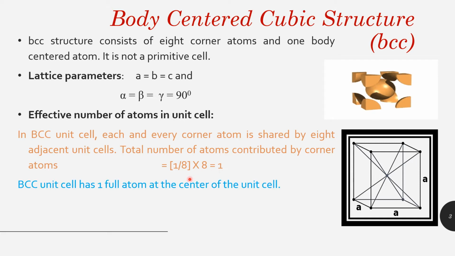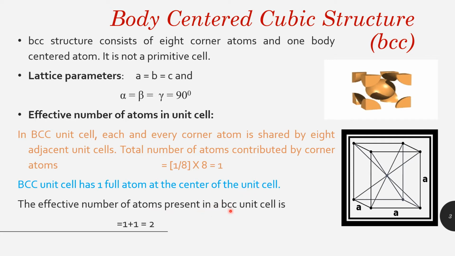Also, additionally, there is a body-centered atom at the center of the unit cell. So, the effective number of atoms present in a BCC unit cell is 1 plus 1, which is equal to 2.